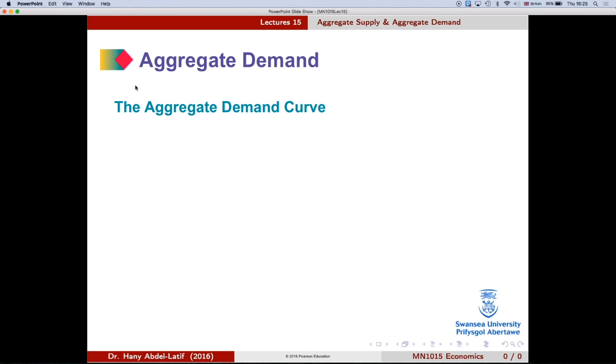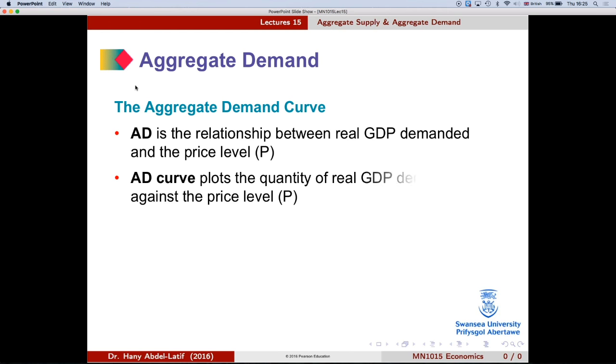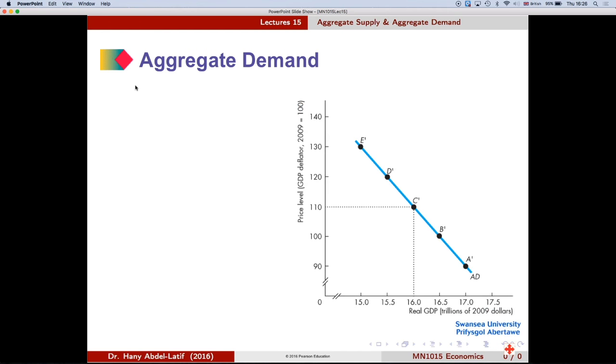The aggregate demand curve is the relationship between real GDP demanded and the price level. The curve will explain this relationship, and it will be a downward sloping demand curve like any other demand curve that we would expect. If you look at the horizontal axis, you'll see real GDP. On the vertical axis, we have the price level, and it's a downward sloping curve.